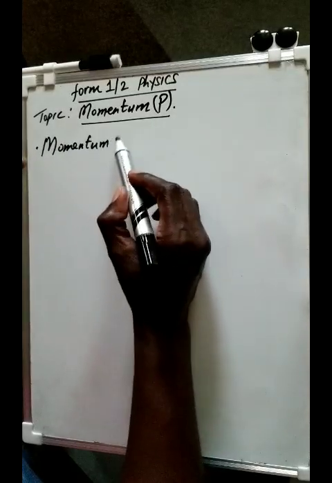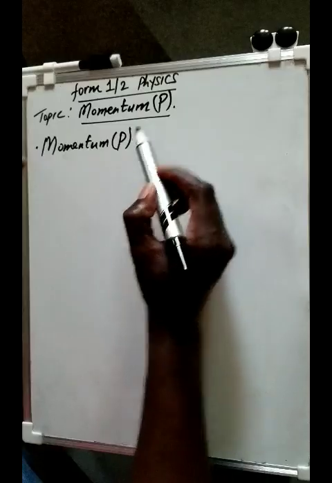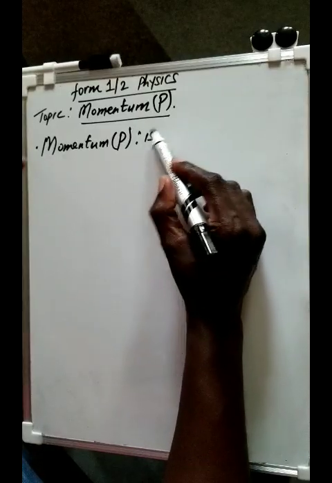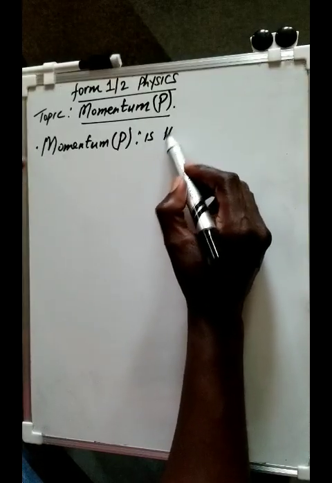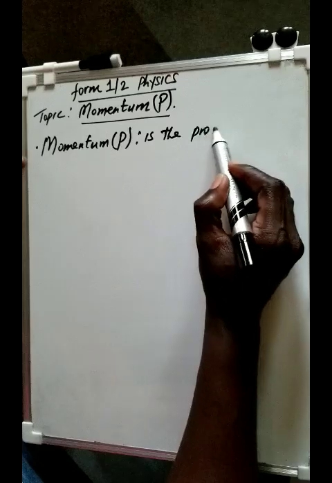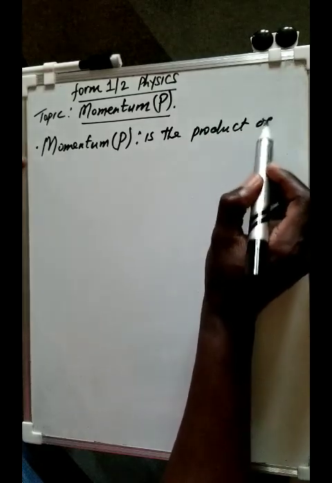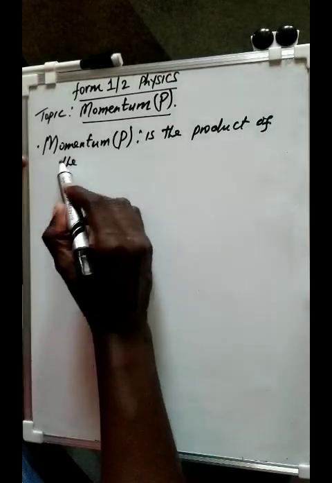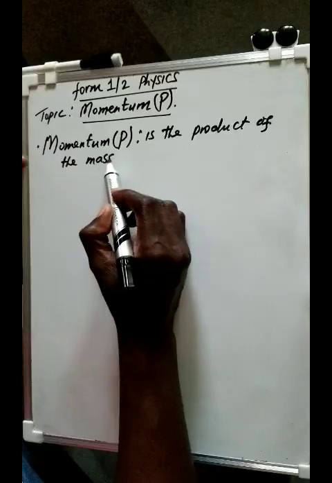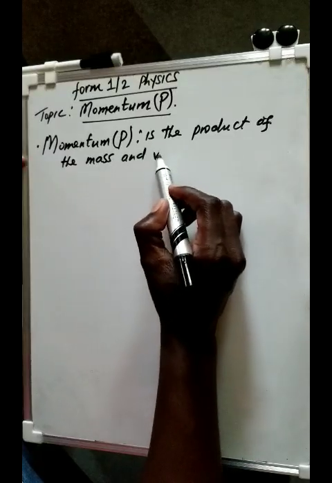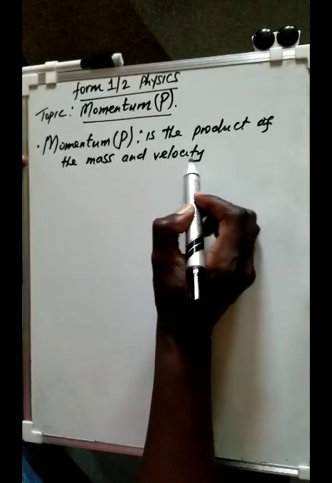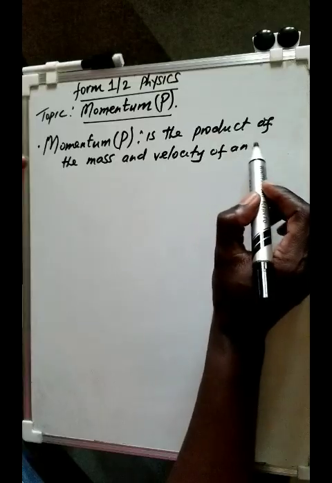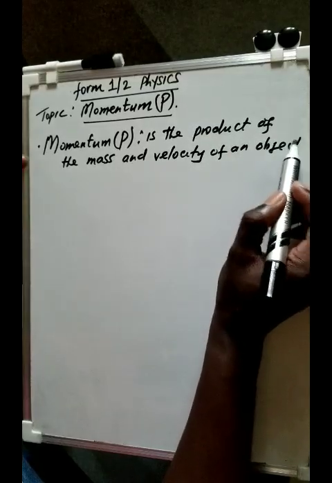Momentum, represented by capital letter P, is the product of the mass and velocity of an object. That is what we call momentum.